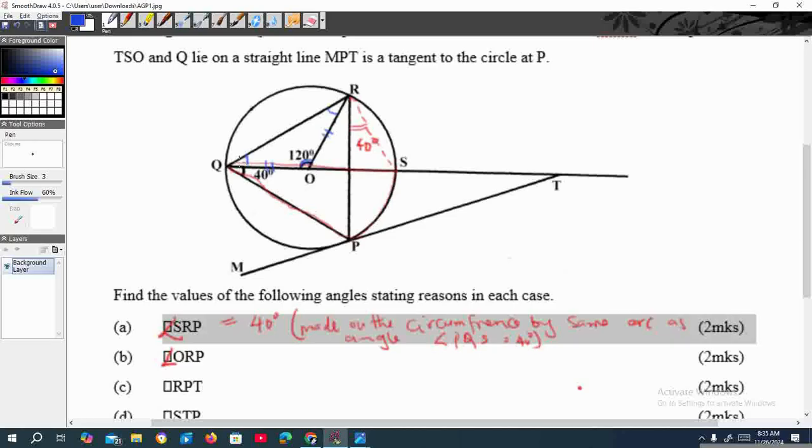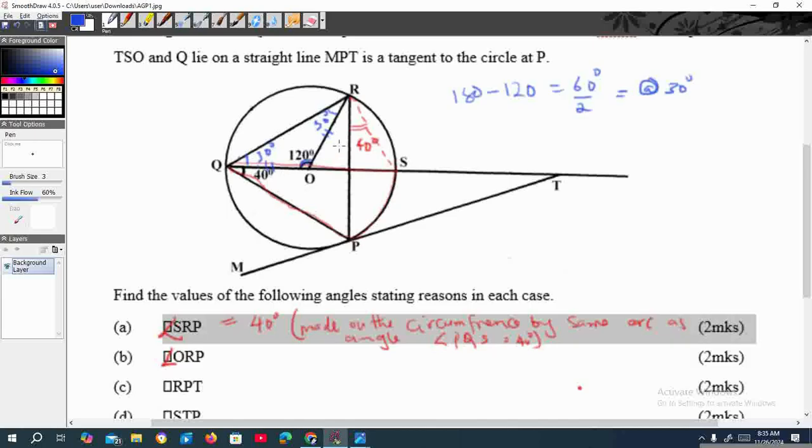So this angle plus this angle plus this angle should give us 180. So we can take 180, subtract 120, this will give us 60 degrees. And this 60 will be for the two angles, and they are going to be equal. So we divide by 2. So each is going to be 30 degrees. So this angle will be 30 degrees, and this other one will be 30 degrees.